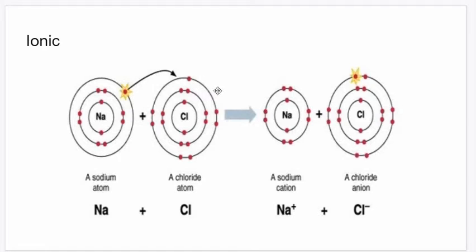When an atom gives out an electron, it becomes an ion, which makes it positive. When it gives out, it becomes positive, and when it takes in, it becomes negative. So it's shown here, Na plus and Cl minus.